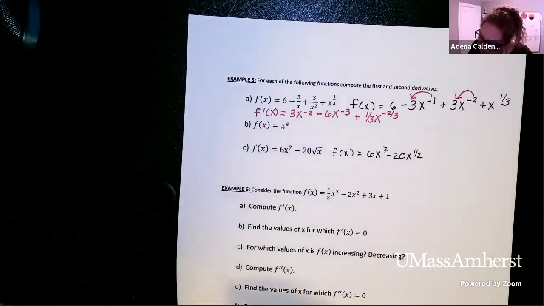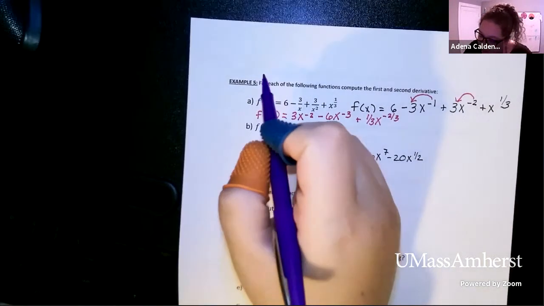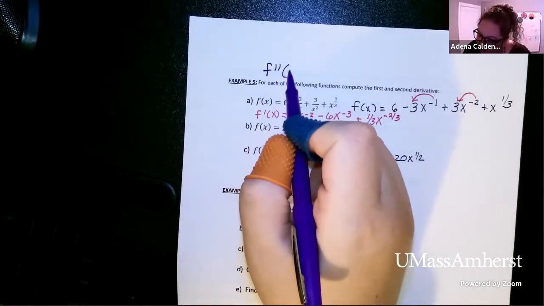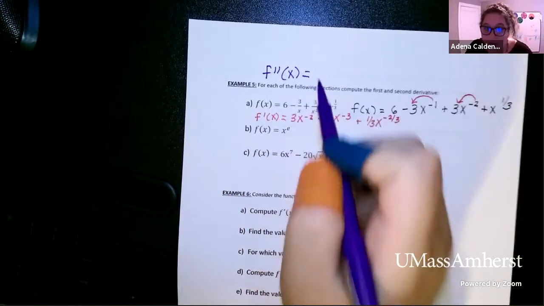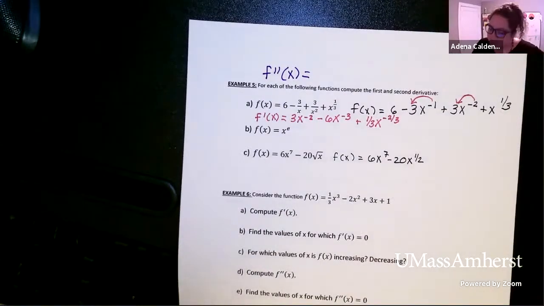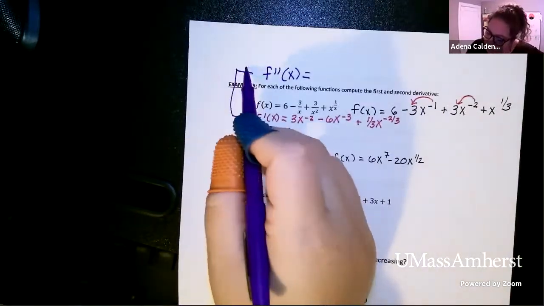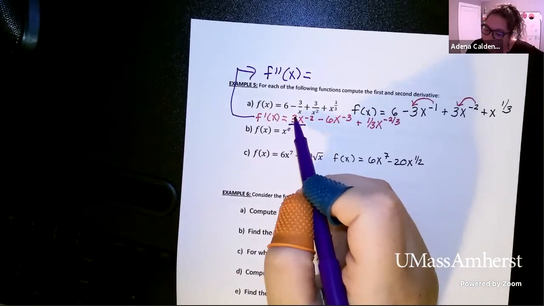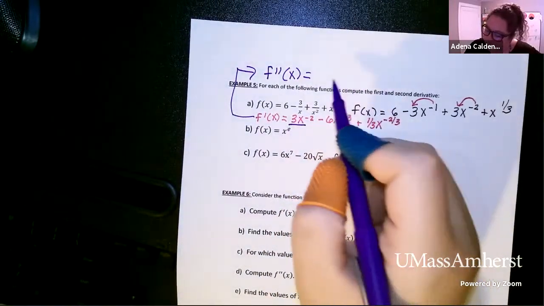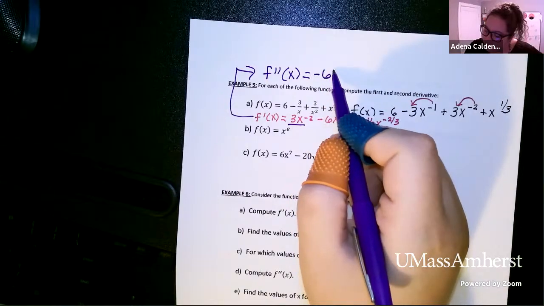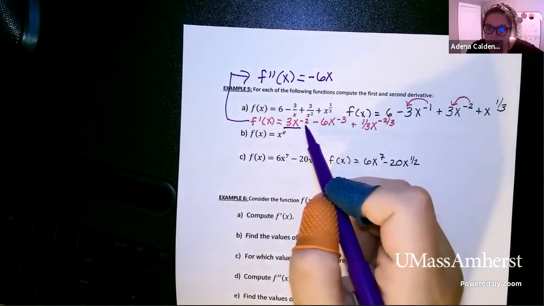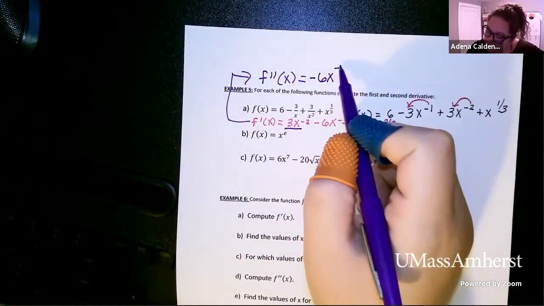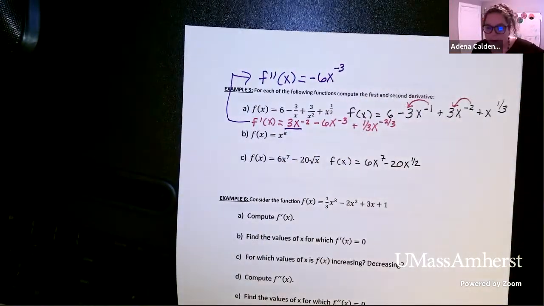Okay, I'm a little worried about space, so I'm going to do my second derivative up here, just because I have to write big enough so you can see. So my second derivative, I'm going to go to my first derivative and go term by term. The -2 comes down to multiply the 3, giving me -6x, and then I subtract 1 from the power to the -3.